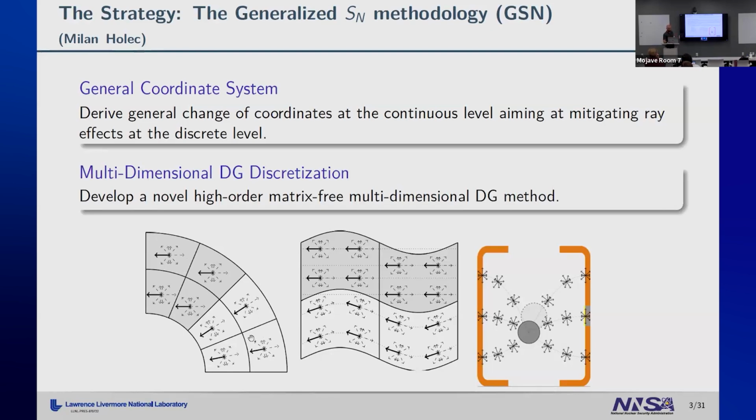Here we're curving it in a polar way, for instance, and in the middle one we follow some kind of field, so the coordinate system follows the field itself. Here is a schematic of what we could do in a whole room, where we would curve the coordinate system a little following the characteristics of the solution. All this is with the idea to mitigate ray effects.